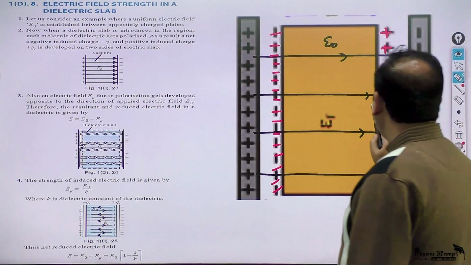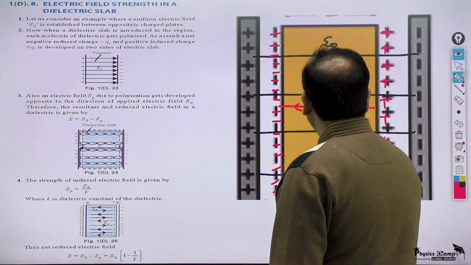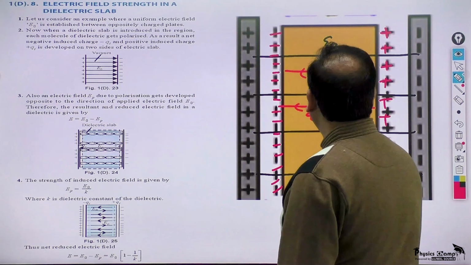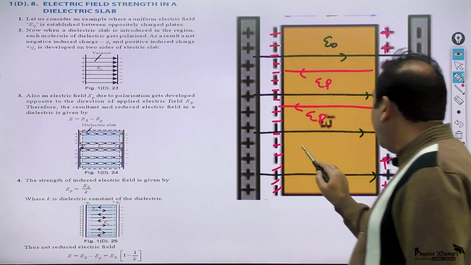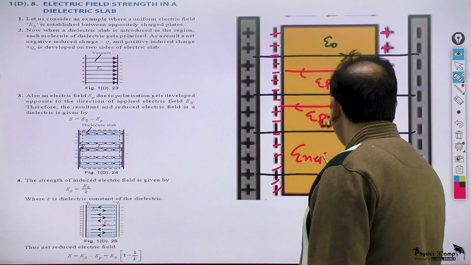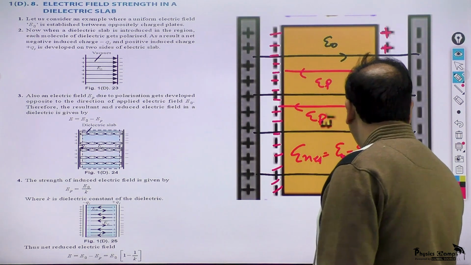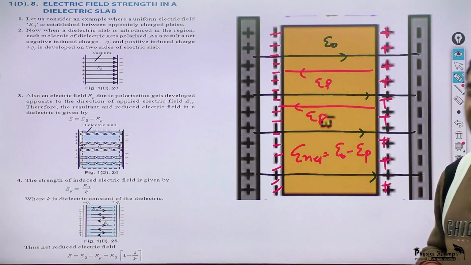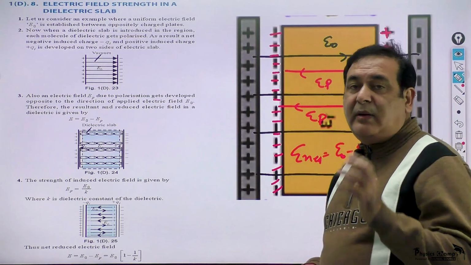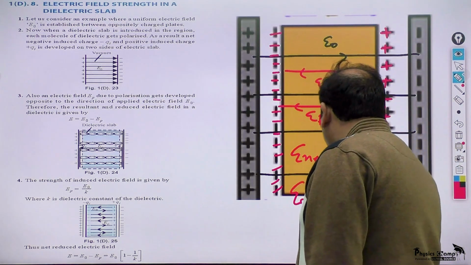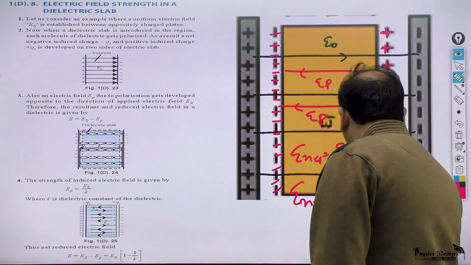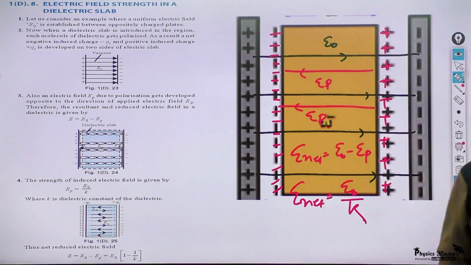And as a result, you are getting EP, which is in this direction. So the net electric field that comes here is E naught minus EP. And when this dielectric is placed in an external electric field, in fact the net electric field becomes E naught by K, where K is dielectric constant.